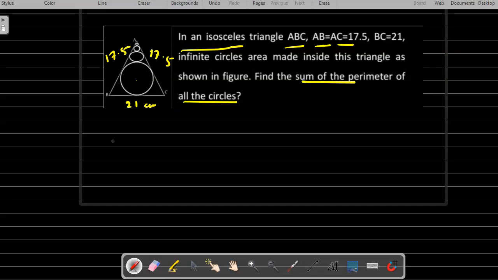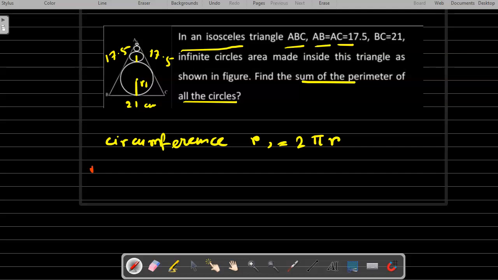What is perimeter of a circle? That is circumference. Circumference of a circle of radius r is equal to 2 pi r. Now let's take the radius of this circle as r1, the next circle as r2, and like that.